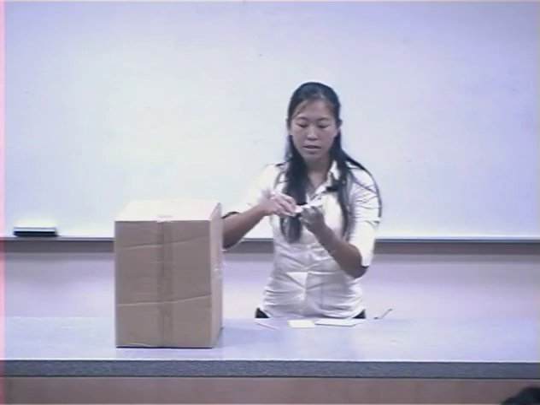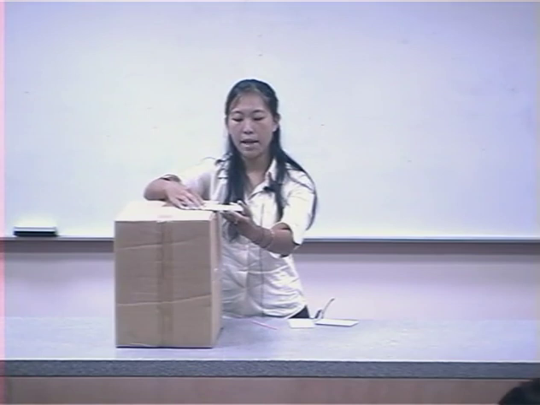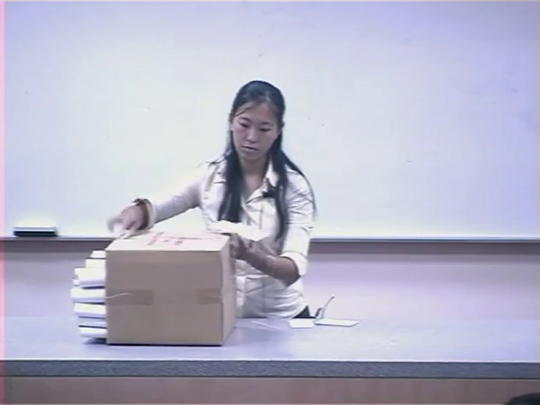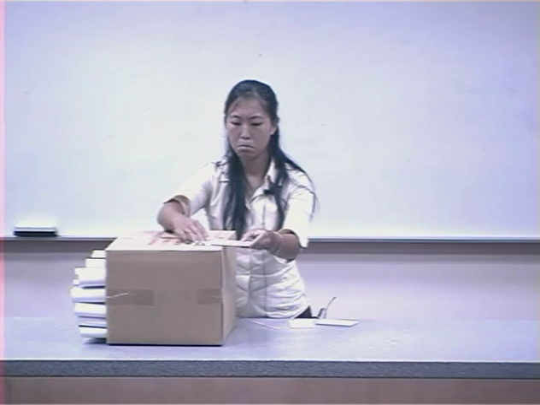So now I have two pieces of paper. I can balance it. Okay, this thing is not very straight. I can balance it somewhere until, okay, the magic is not working today.